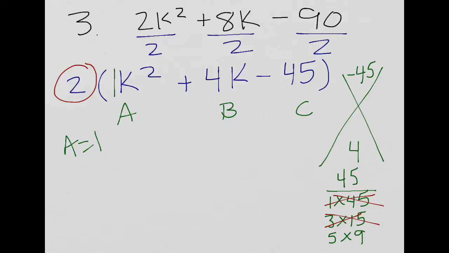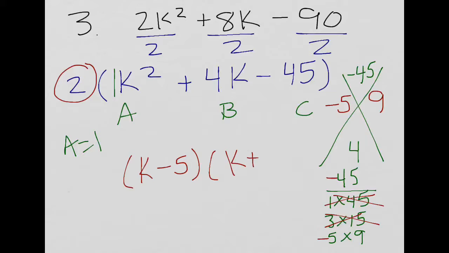So negative 45, one of these has to be negative. Since I want a positive 4, it has to be the 5. So it's negative 5, positive 9. And now I'm really happy about this, because that allows me to use my shortcut. And so I can do k minus 5 and k plus 9.